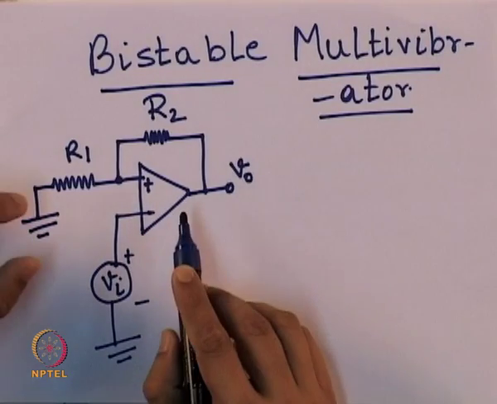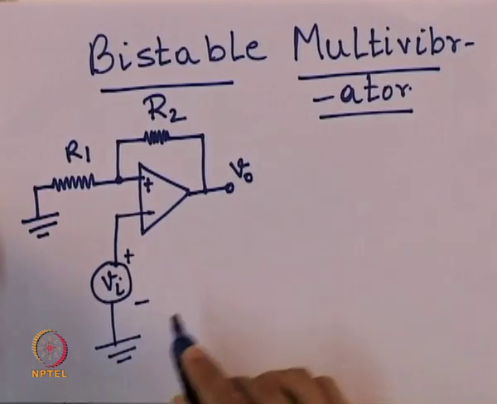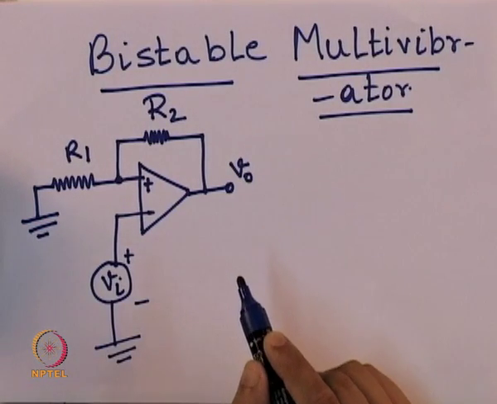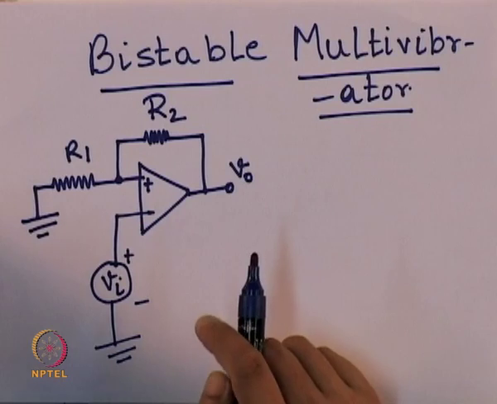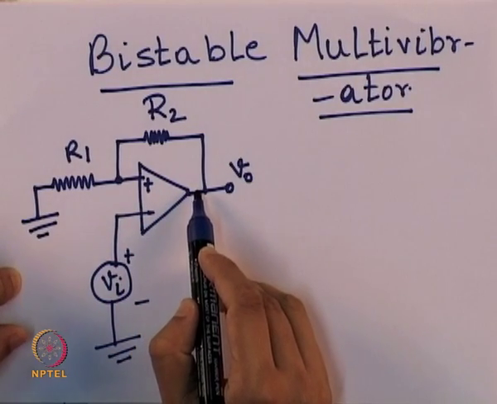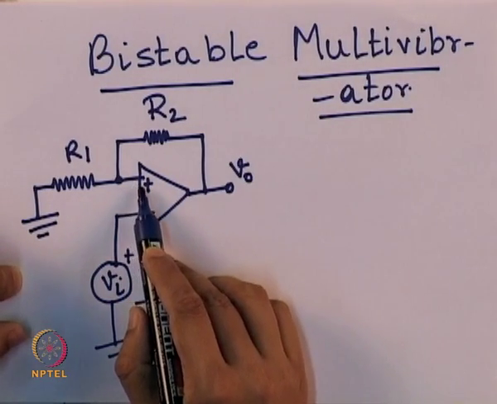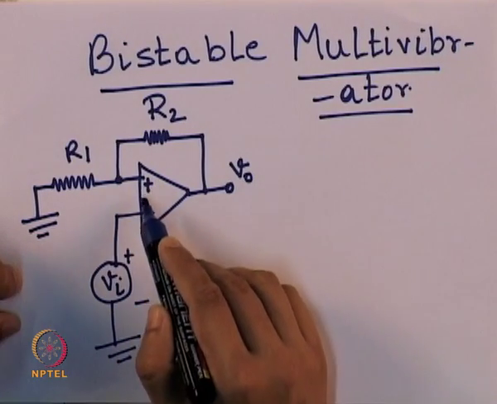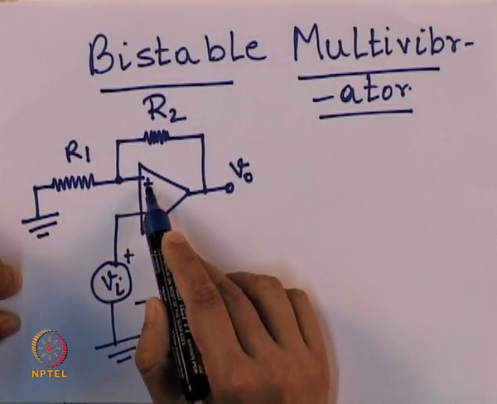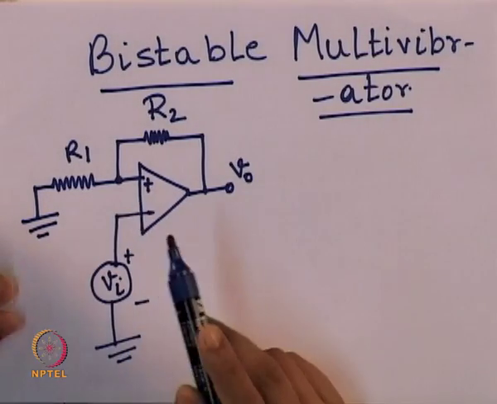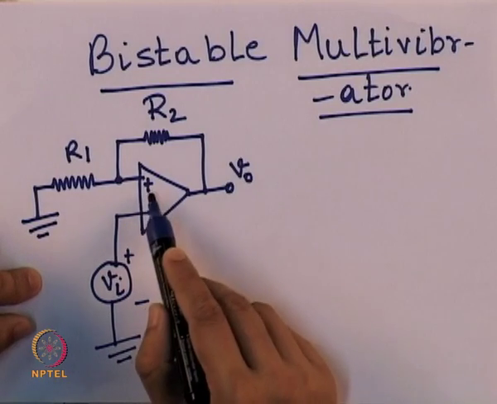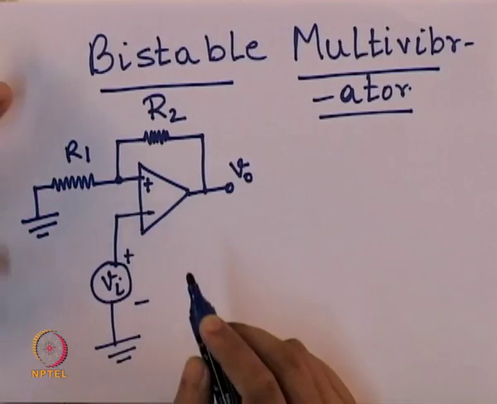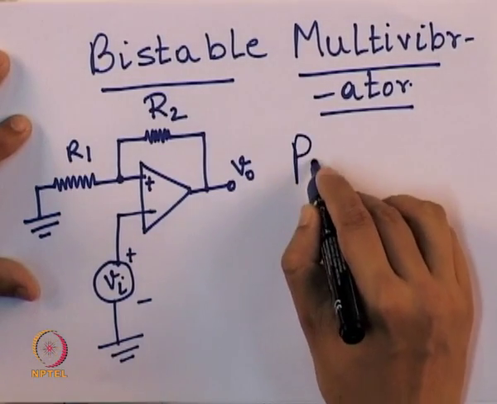This is an op amp, and this circuit might look very similar to the non-inverting op amp topology, but it is not. It is not because look at the point where we are applying feedback, it is to the positive terminal. In a non-inverting op amp, the feedback is applied to the inverting terminal, whereas in this case we are applying the feedback to the non-inverting terminal. So, this is a case of positive feedback.